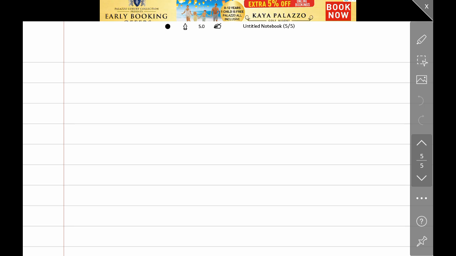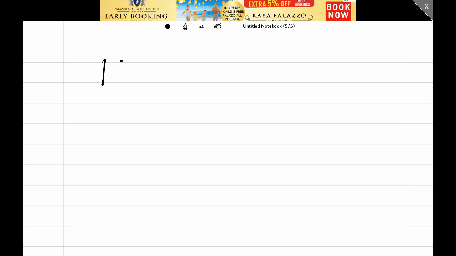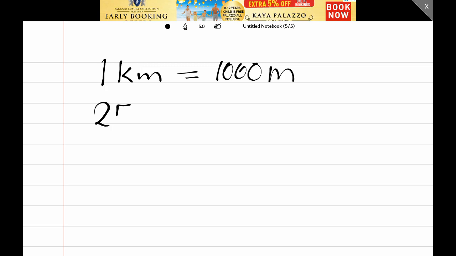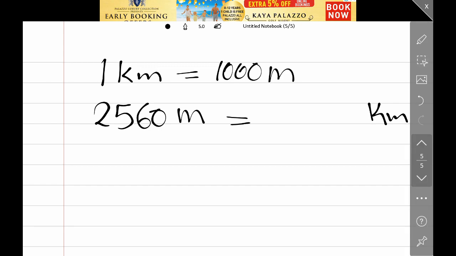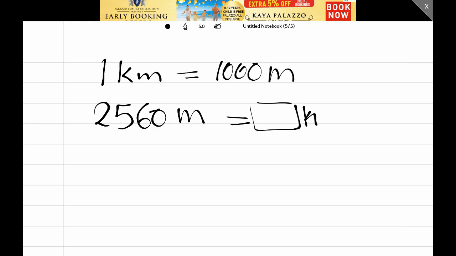Now we know that each 1 kilometer is equal to 1000 meters. So each 1000 meters are 1 kilometer. Now if we have 2560 meters, we want to convert them into kilometers and meters. Okay, how many kilometers and how many meters?